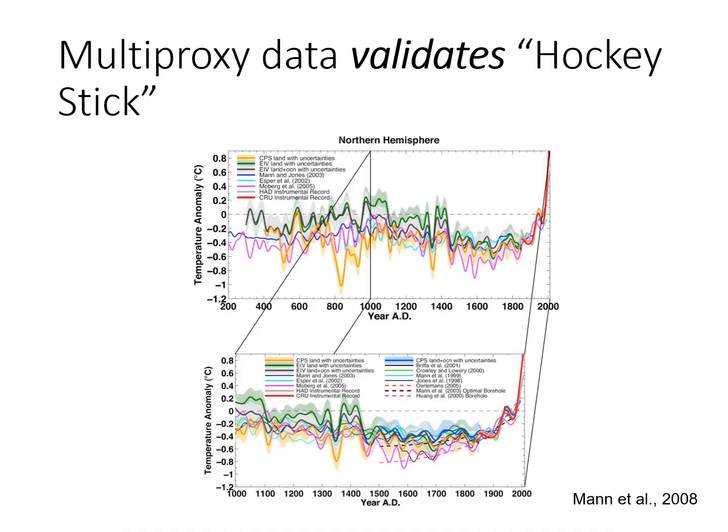The hockey stick temperature reconstruction has been validated by comparisons with many other data, including temperature reconstruction from lake sediments, ice cores, and corals. This is an important record, showing clearly that Northern Hemisphere temperatures have become unusually warm. Let's see what we can find out from ice core archives.